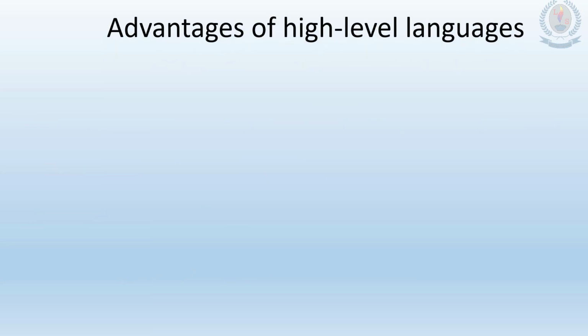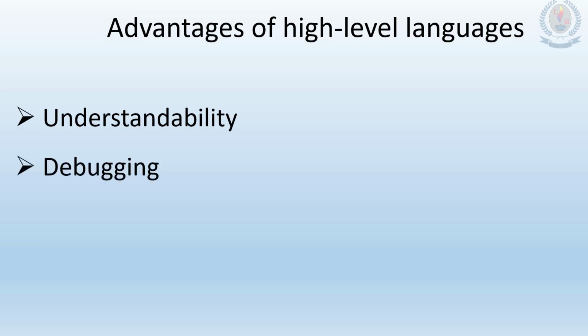Now there are some advantages when we come to high level languages. First one is understandability. So this is easy to understand. And then debugging. Debugging means we can find errors. We can find compile errors. And then portability.